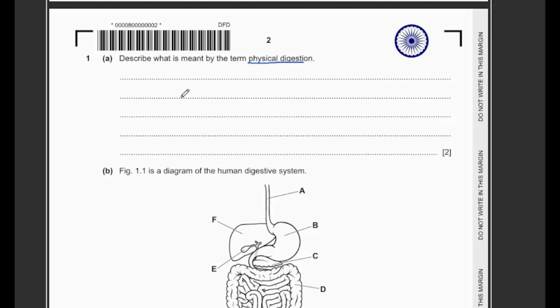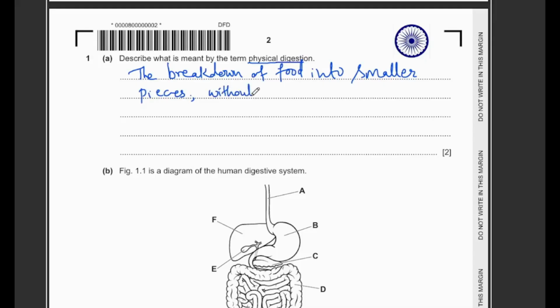So it's the breakdown of food into smaller pieces without chemical change.